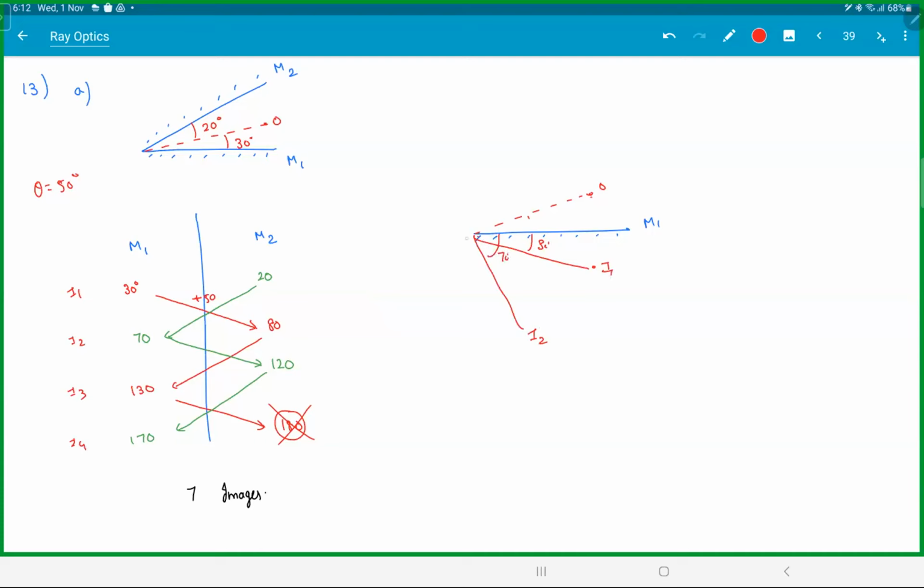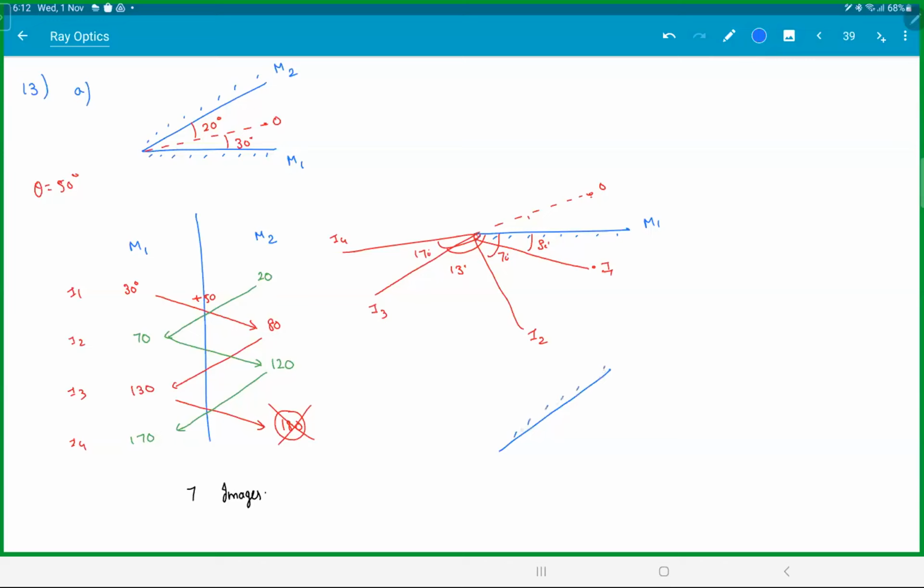The third is at 130. The fourth is at 170. Clear? Everyone got these angles? Similarly, I can do it for the other one.